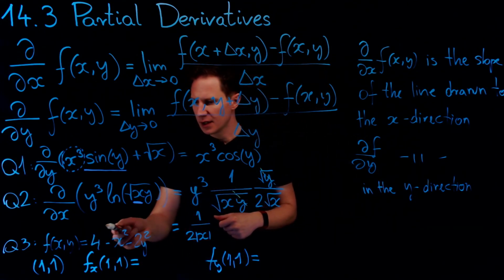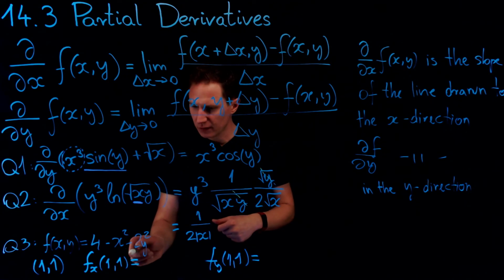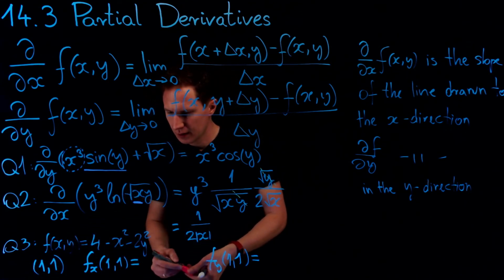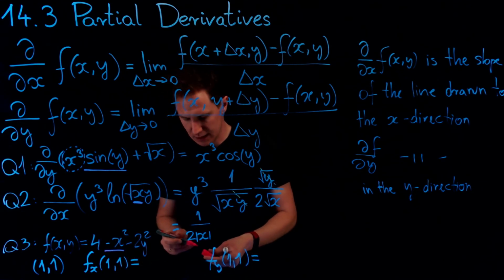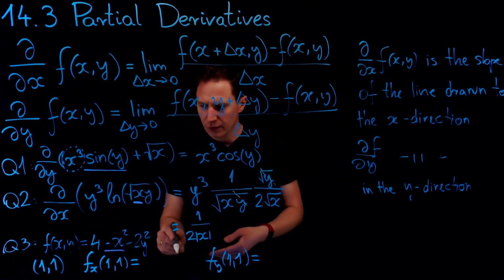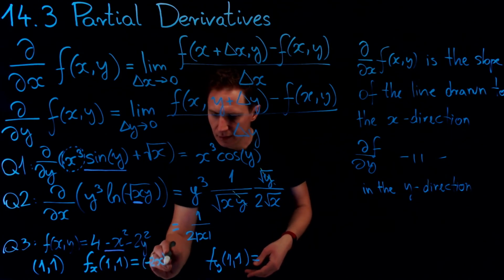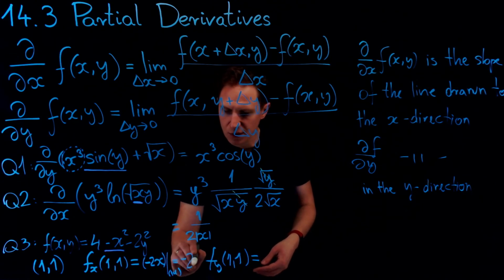I hope you paused it and put your answers below. So when you differentiate this function with respect to x, this is the only term that depends on x, the minus x squared. So that gets differentiated to minus 2x, and that you have to consider at 1, 1, which gives you minus 2.